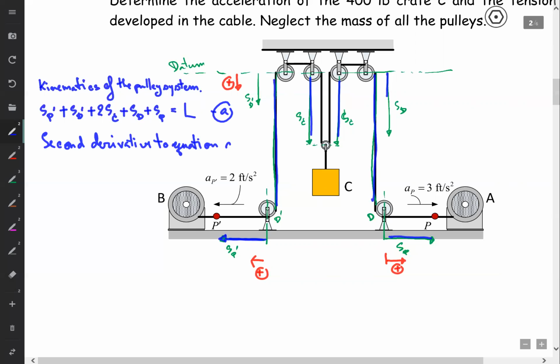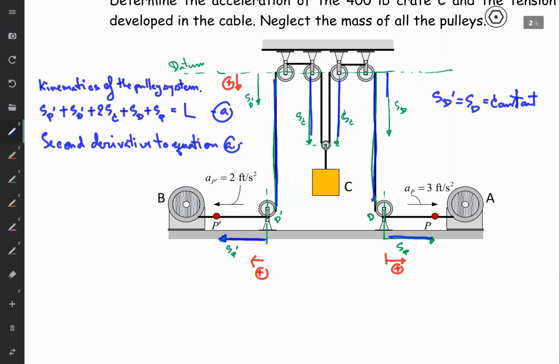we have to note that SD prime and SD are constant. That means the derivative of SD prime and SD should be 0, right?